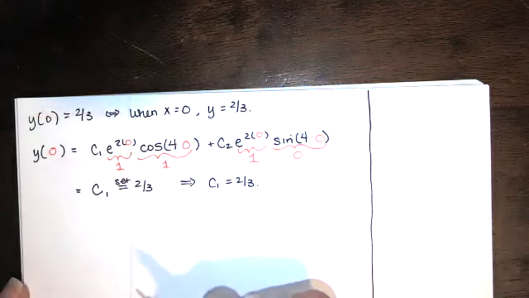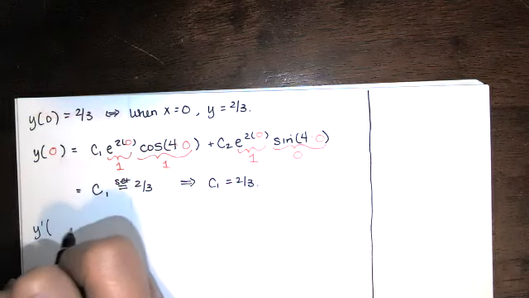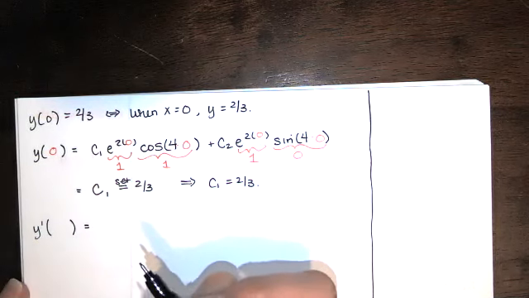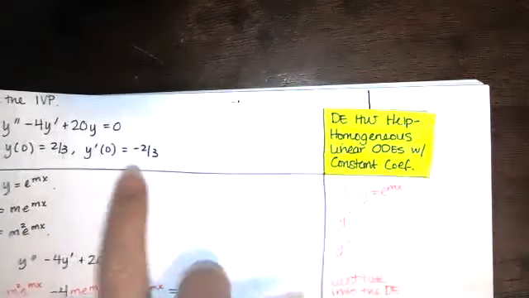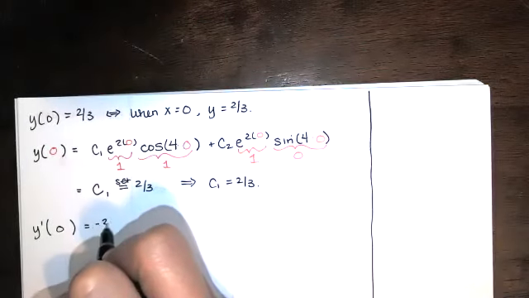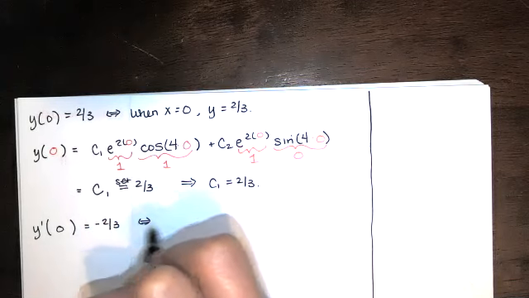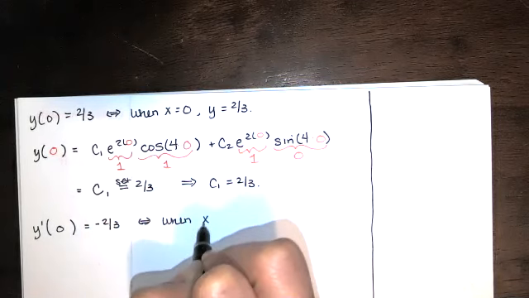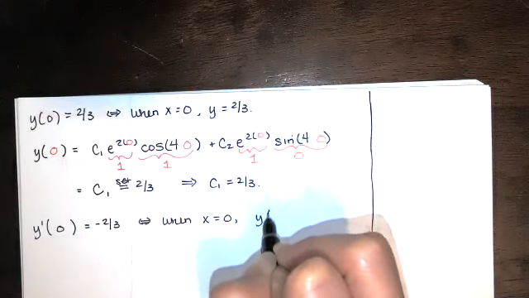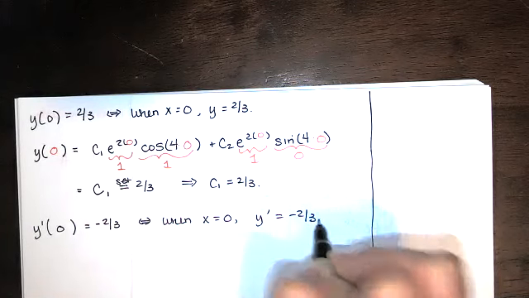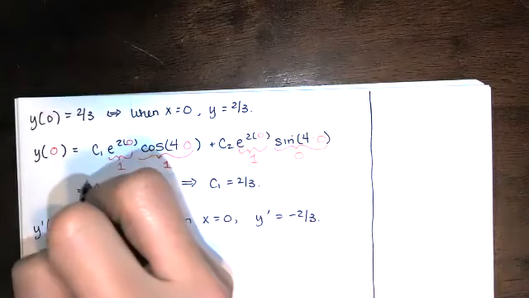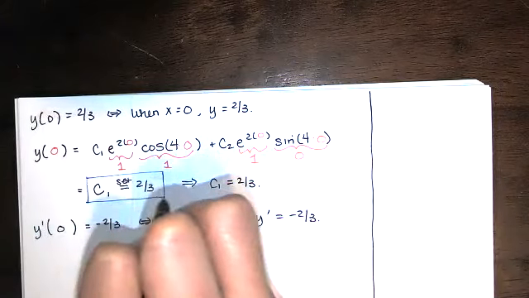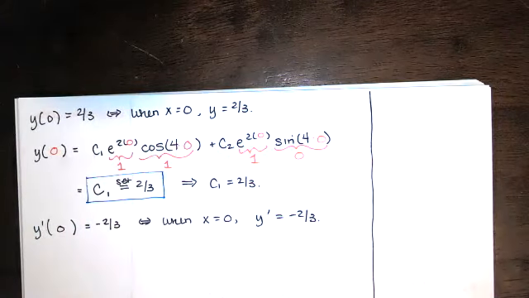And then with the second initial condition, we have y prime of 0 is equal to negative 2/3. So that means that when x equals 0, y prime is equal to negative 2/3. So typically we would say I've got one equation with 2 unknowns, and then a second equation with 2 unknowns.